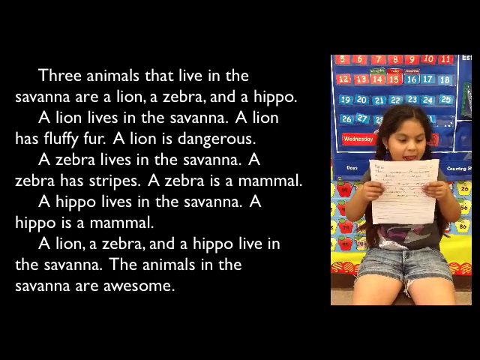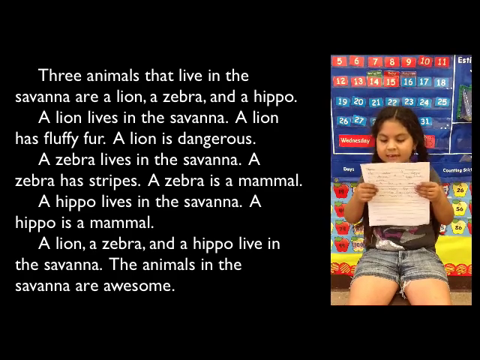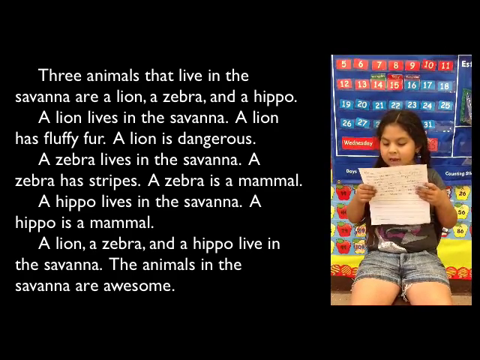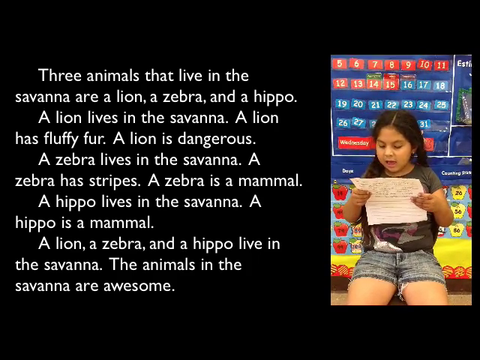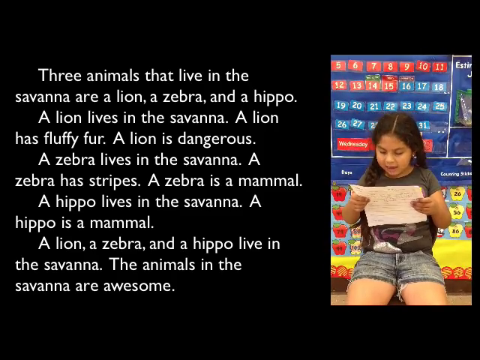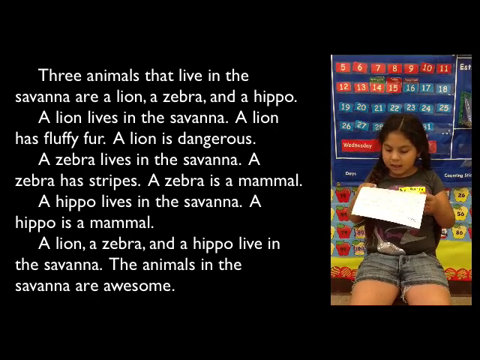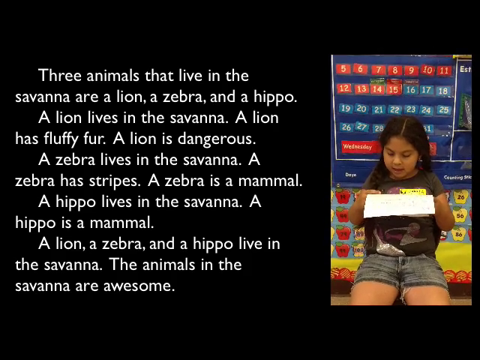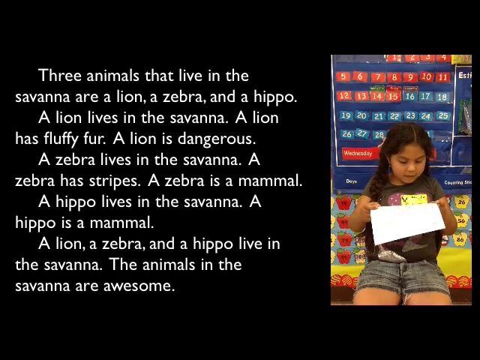Three animals that live in the savannah are a lion, a zebra, and a hippo. A lion lives in the savannah. A lion has fluffy fur. A lion is dangerous. A zebra lives in the savannah. A zebra has stripes.